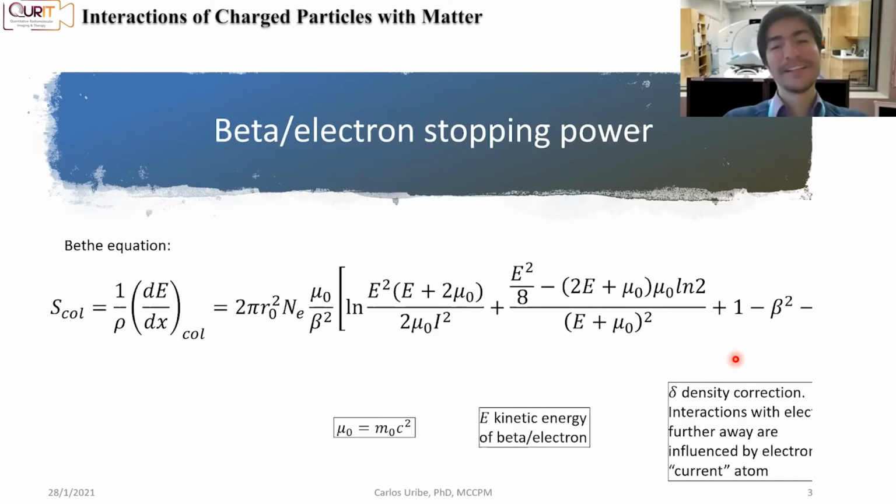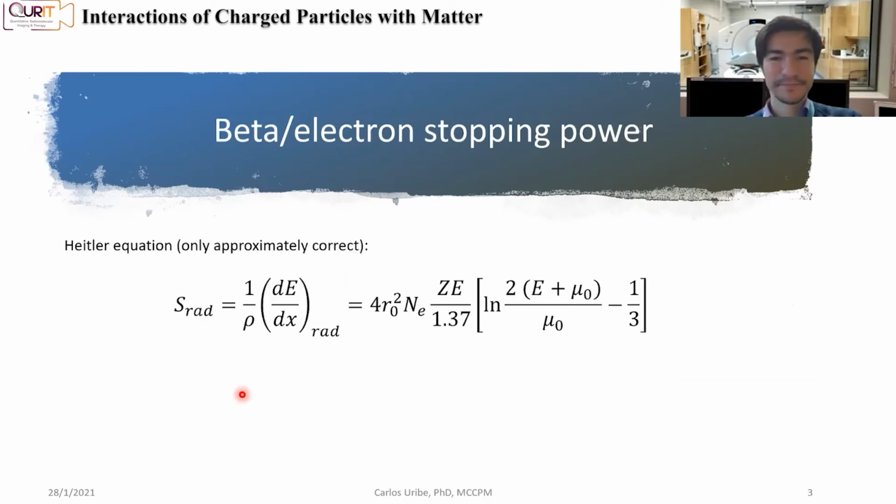So there's some density correction, and the denser the medium, the different these effects are going to be. Beta is what we saw already. E is the kinetic energy of, in this case, the beta or the electron. Mu0 c squared represents the rest mass energy of that particle, and it's just there to remove c squared everywhere.